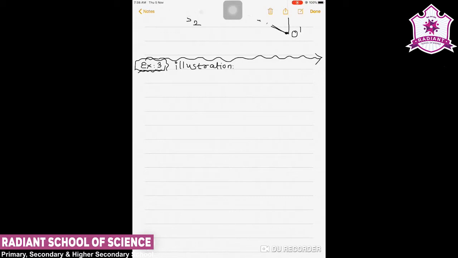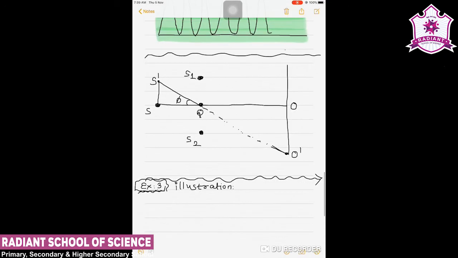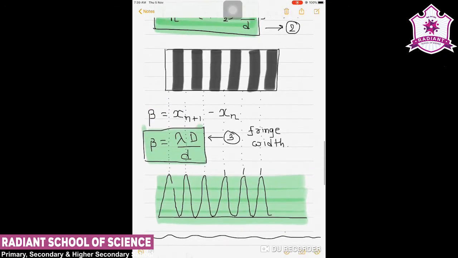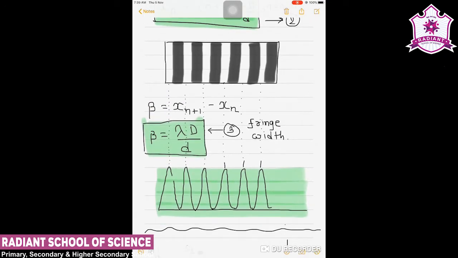Now in this question, if we go with the information as we had studied earlier, we can say that we are provided three different things. First, we are given that slits are made 1 millimeter apart, so we are given this small d.